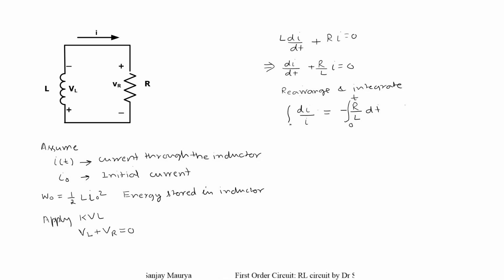So at time t, the current becomes i(t). After integration, we get natural log of i, with limits from 0 to i(t), equal to minus Rt by L, with the time limit from 0 to t.